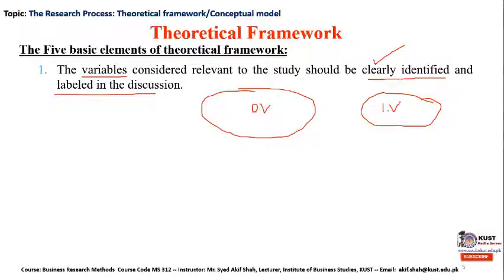This must be clearly identified and labeled in the discussion. By labeling we mean that the dependent variable title must be clearly stated, and similarly the independent variable's title must also be clearly stated in the discussion.